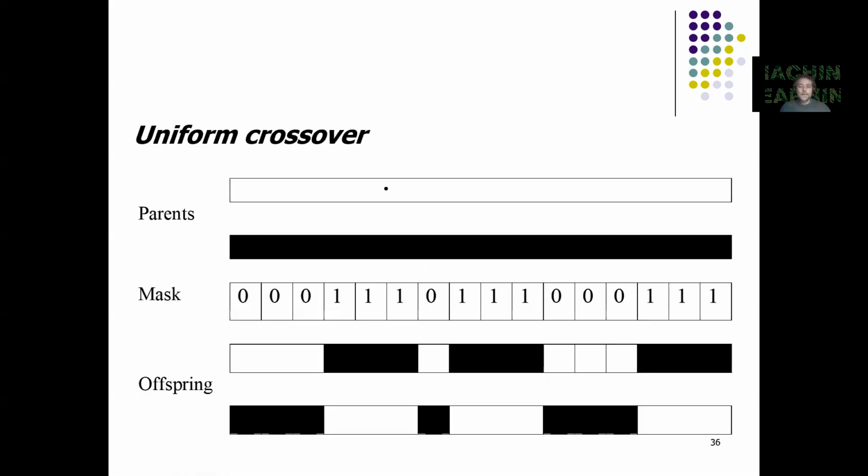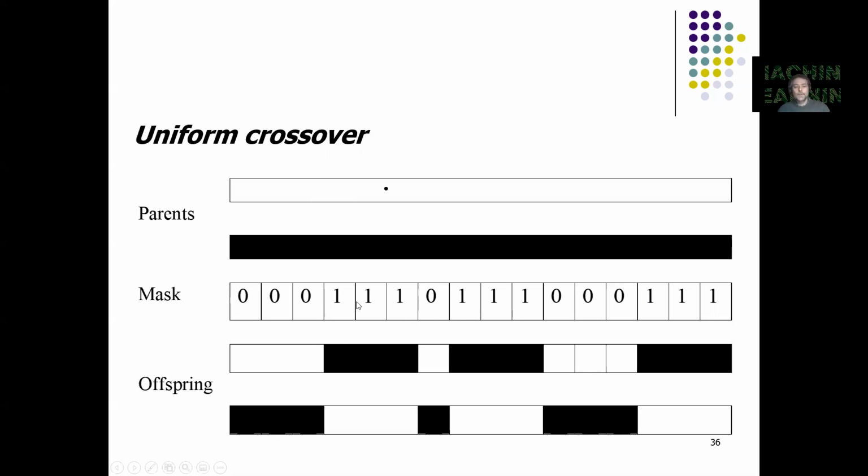Okay. Another approach, which is very useful in practice, is the so-called uniform crossover. So we define a mask. This is called the crossover mask, and you can see the crossover mask here, 0, 0, 0, 1, 1, 1, 1. By applying this kind of mask, if it's 0, we pick the first 3 genes from the first parent.